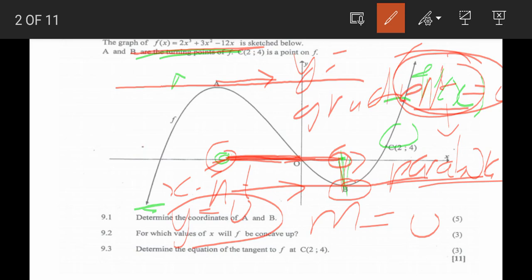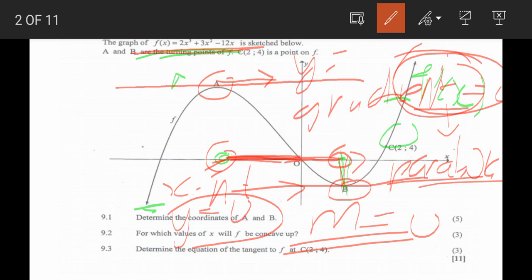If we are to calculate the coordinates of the turning points, we know at a turning point the gradient is equal to 0, because if you draw a tangent at the turning points or stationary points, it will be parallel to the x-axis, and a line parallel to the x-axis always has its gradient equal to 0.